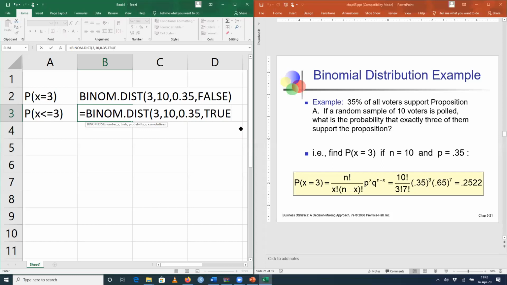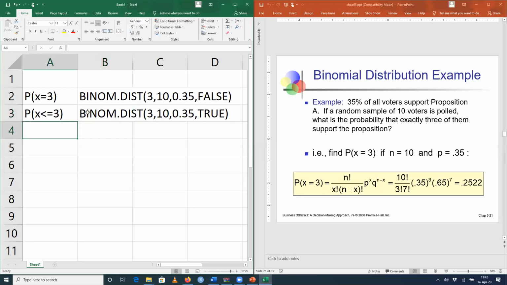Because we want to find the cumulative probability. Cumulative probability means we want to find the probability from 0 to 3. Then you have to use binomial distribution. Just press enter and we get the answer. This is the simplest way to find probabilities by using Microsoft Excel.